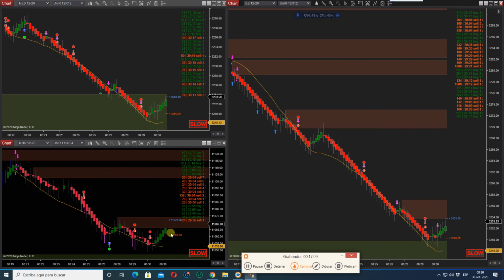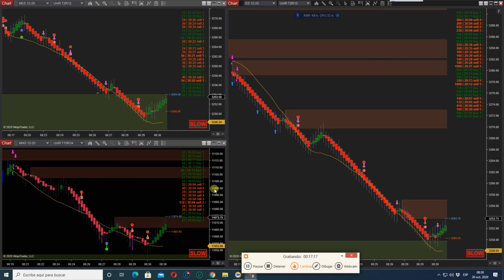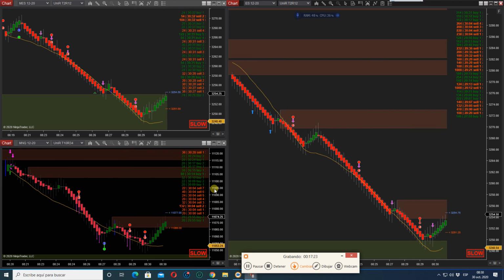You see, no momentum yet in the Nasdaq. This was an excellent trade here.